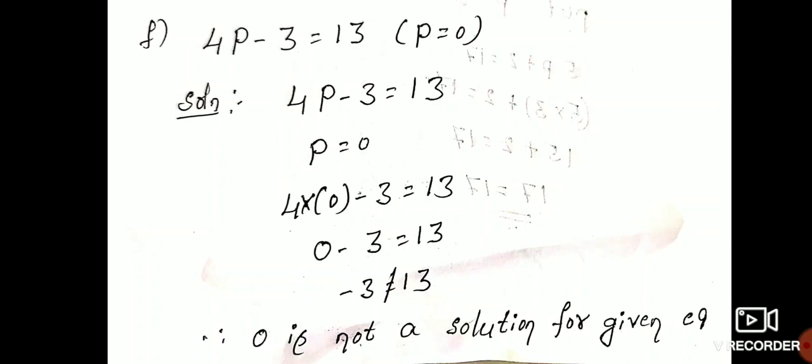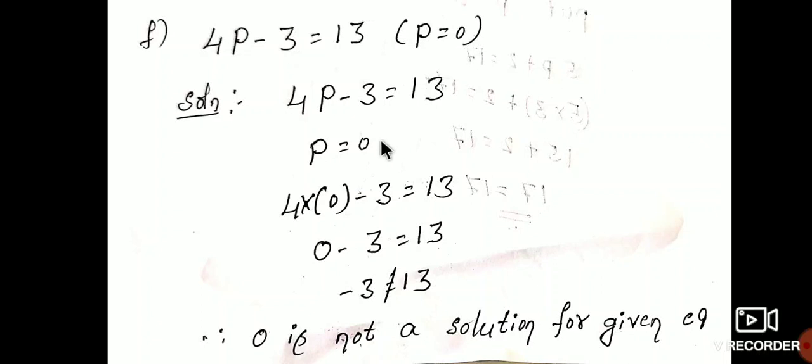It's also very important, dear students, because here 0 came. The value of the variable they have given is 0. So the equation is 4p minus 3. Your variable is multiplied by 4. So that is 4p minus 3 is equal to 13. So here p is equal to 0. In the bracket the given variable value is p is equal to 0.